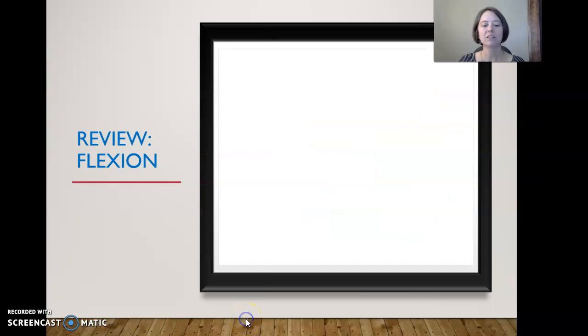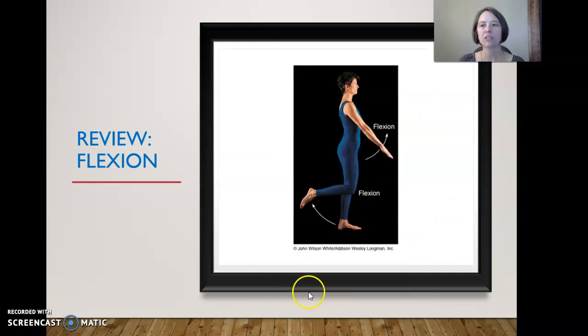Reviewing from the skeletal system, we have flexion, and if you remember, flexion is when you decrease the angle of the bones. So right here, we started out with 180 degrees, and we're bringing it up to 90. That's flexion. So flexion goes this way with your arms and this way with your legs.